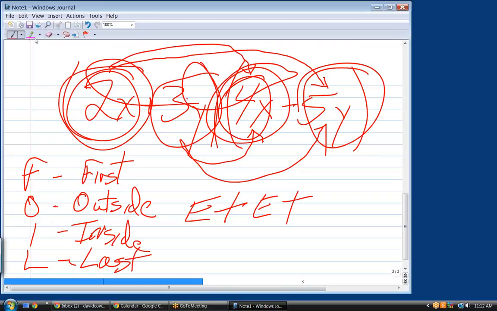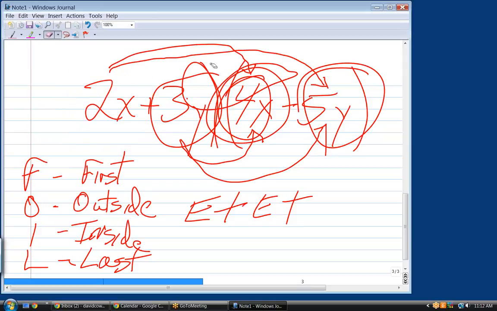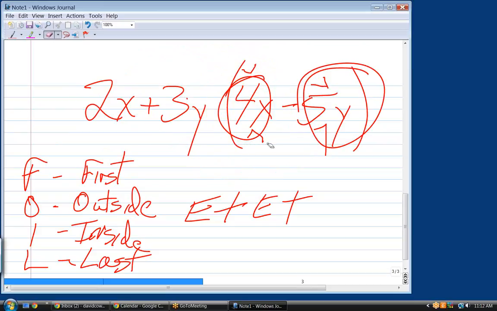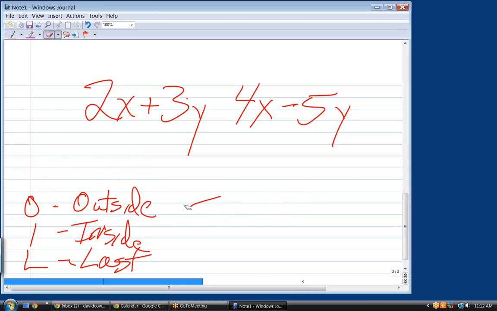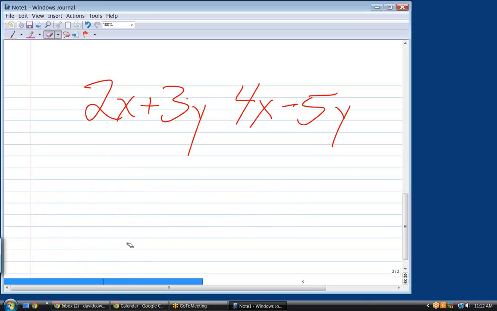So that's why they came up with this acronym FOIL. Now, the problem with FOIL is it works fine as long as you have 2 terms times 2 terms. Where it doesn't work so good is when you have 3 terms times 2 terms. And that's coming. But every term times every term actually handles all cases. So it's more robust.